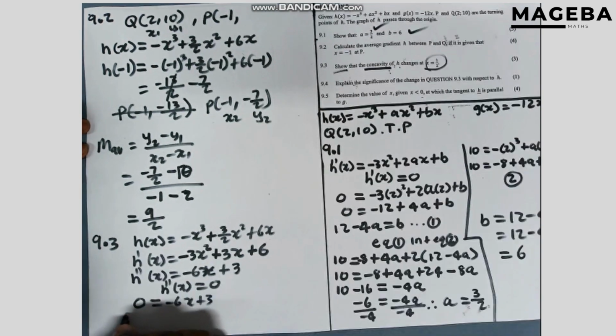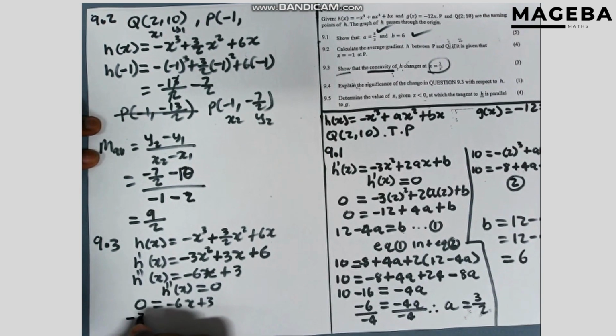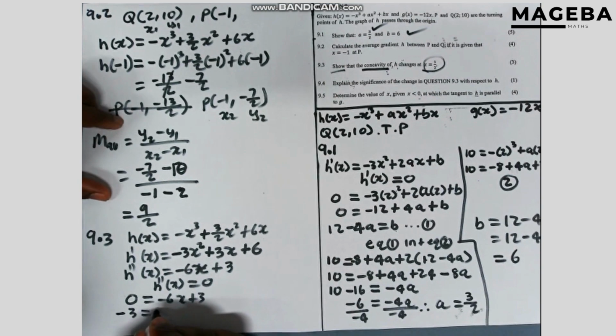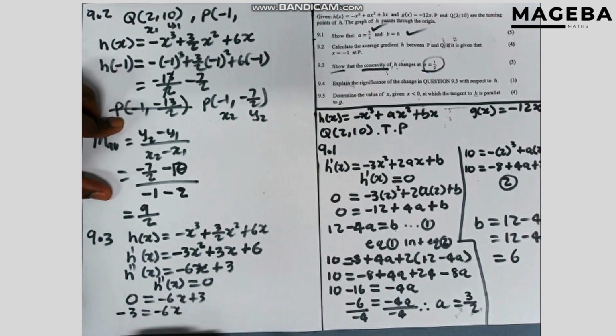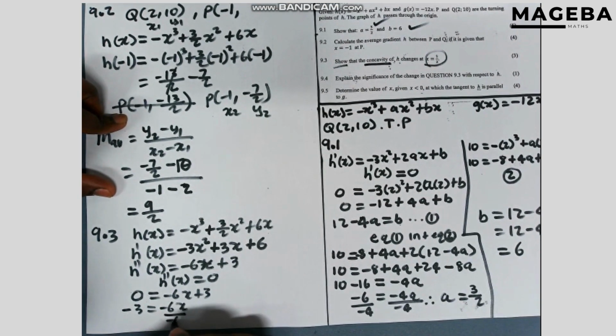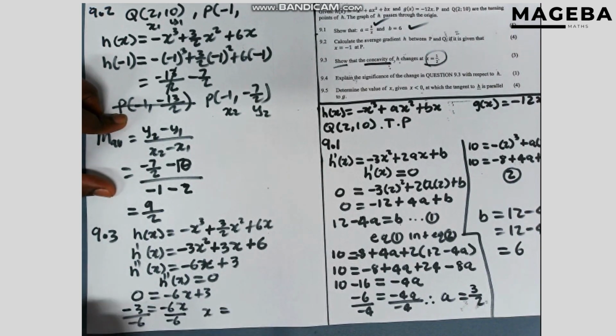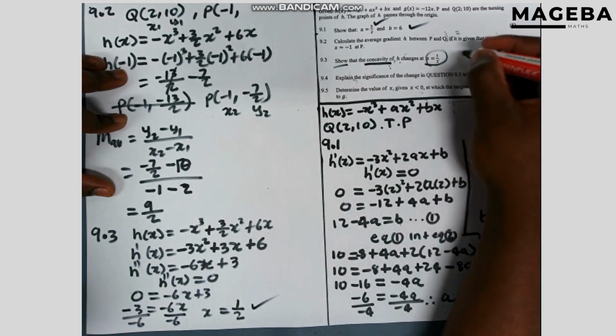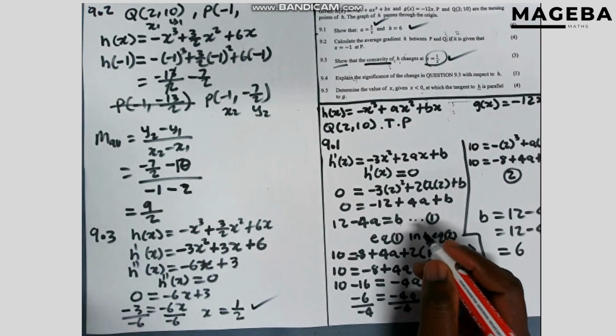Take 3 to the other side, then it's negative 3 equals negative 6x. Then we divide by negative 6, we divide by negative 6, and then our x is 1 over 2. So we've already shown that the concavity of h changes at x equals 1 over 2.